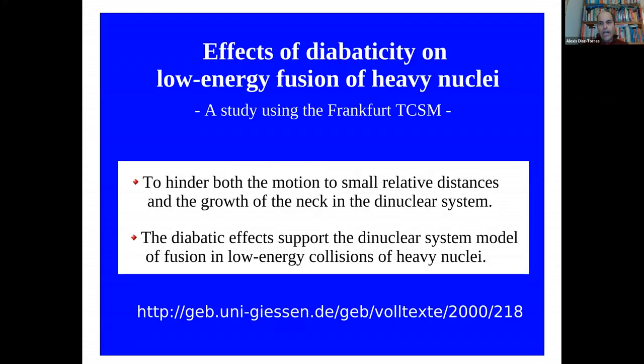So next, I'd like to discuss the effect of this diabatic motion on fusion of heavy nuclei. The two key messages I'd like to convey are that this diabatic effect, or diabatic single particle motion, hinders the motion of the nuclei to small distances, and also hinders the growing of the neck between the two nuclei in the dinuclear system.